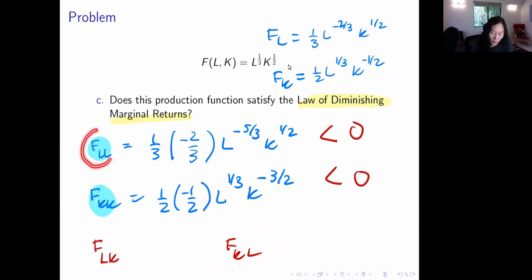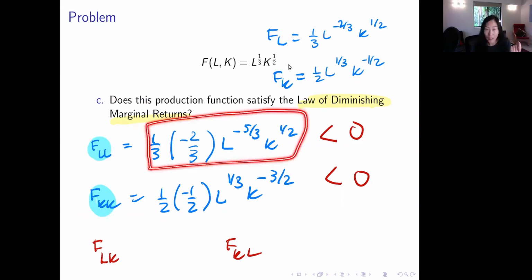Another way to interpret this own price effect: what does FLL mean? It means the change of your marginal product of labor when the labor unit changes. That would be the effect of L when L changes, how much it affects the change in the marginal product of labor.